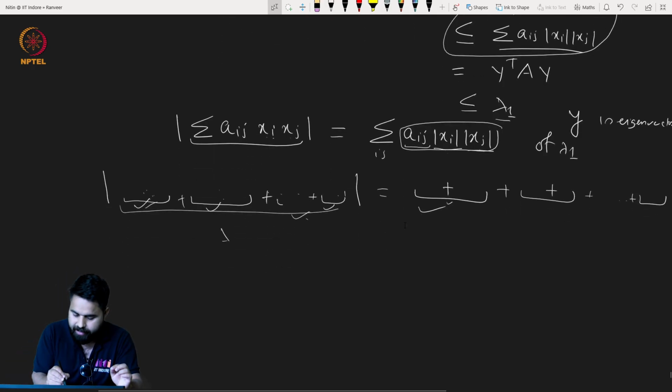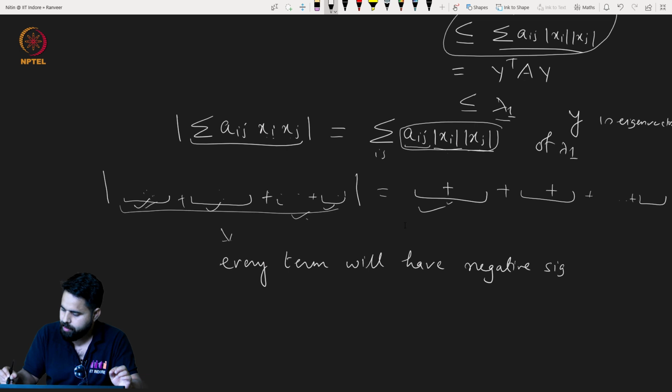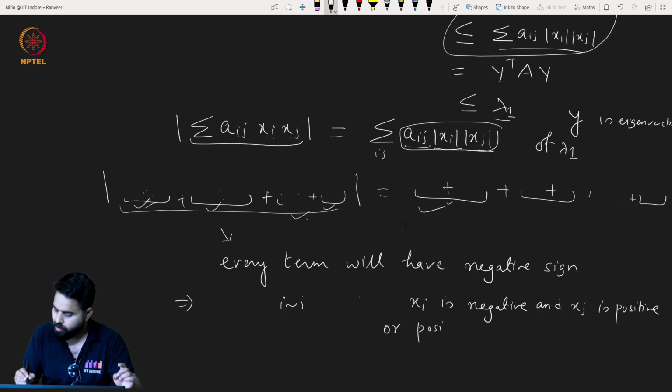So every term will have a negative sign, which further tells us that for an edge ij, either xi is negative and xj is positive, or vice versa.